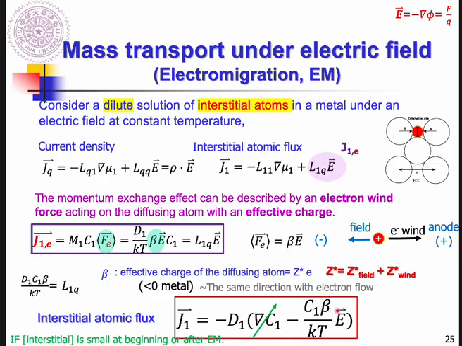But beta, you have no idea what beta is. So next we need to know beta, then put it back, and then I can get the atomic flux. So how to measure beta is the most important part here.